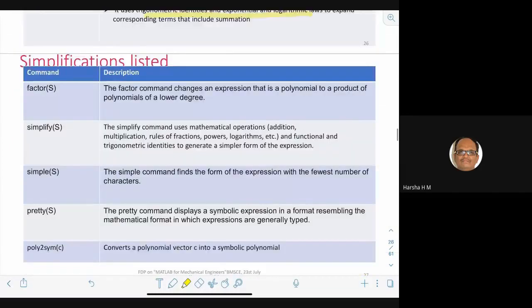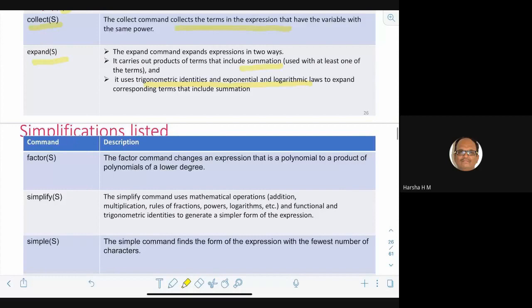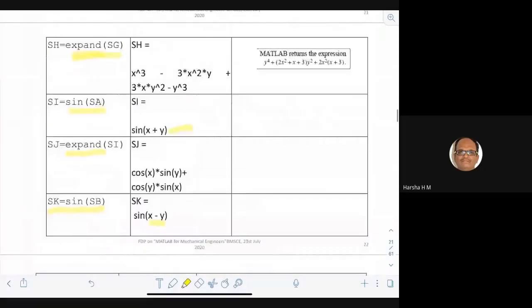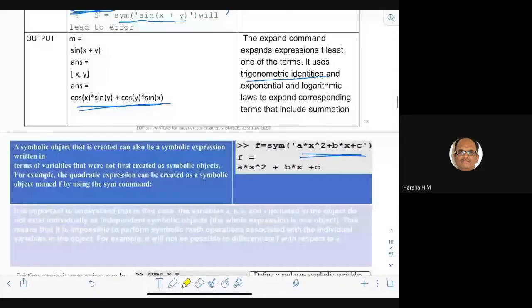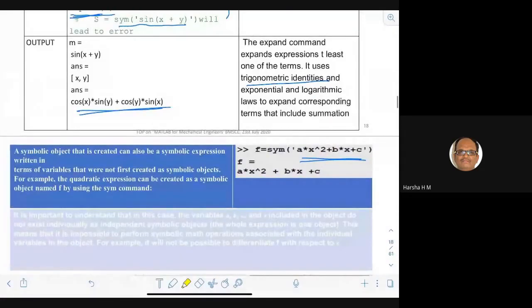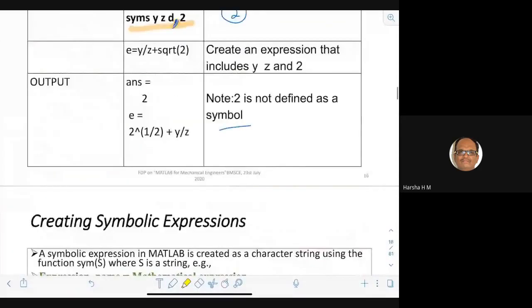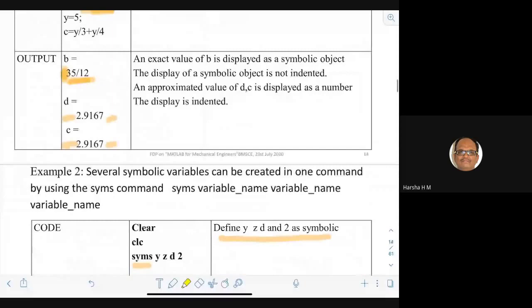And of course, the factor command is there. I think I had missed it in one of the examples here. Somewhere I had written this. I think I might have just skipped it in the PPT. Anyway, we'll use it later.